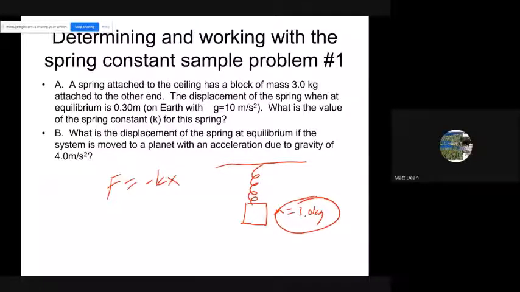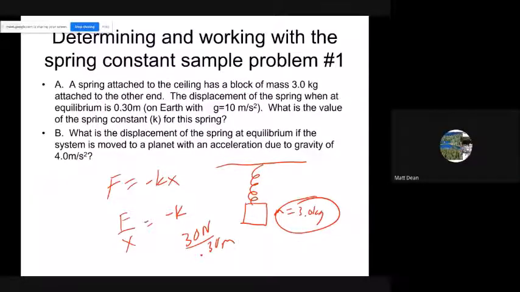Let's solve this out for k. So we're going to divide both sides by x. And we could also multiply both sides by -1 if we wanted to. Not so important here, though. So our k is going to be equal to the force, 30 newtons, the weight of the block, divided by the displacement caused by that, 0.3 meters.